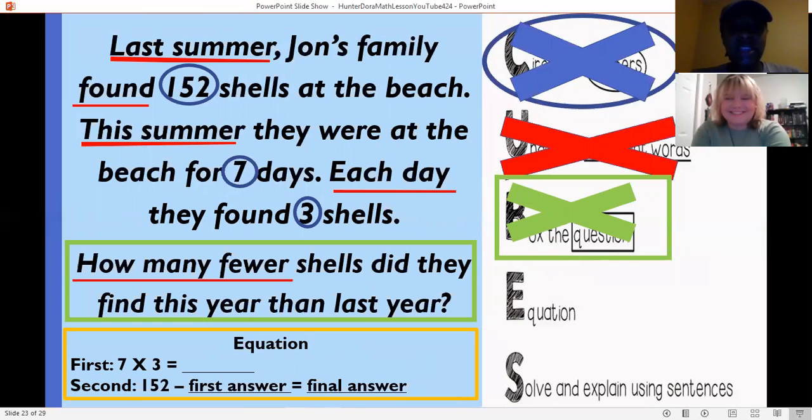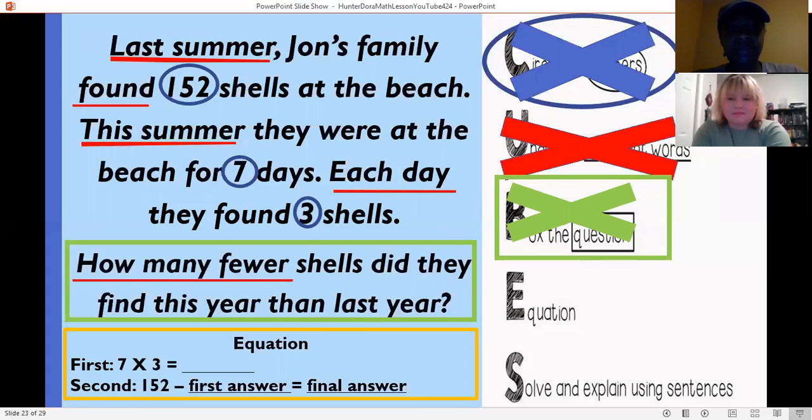That's right, equation. Our equation is 7 times 3. That will tell us how many seashells they found this summer. And then we used 152 minus our first answer to get the final answer.